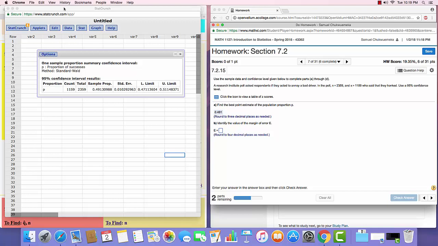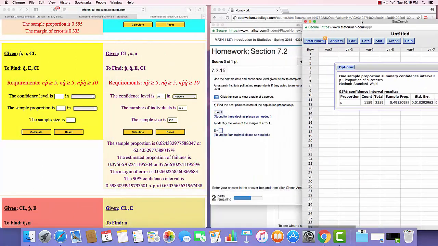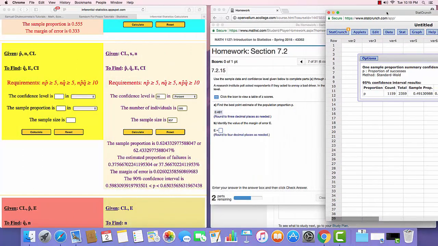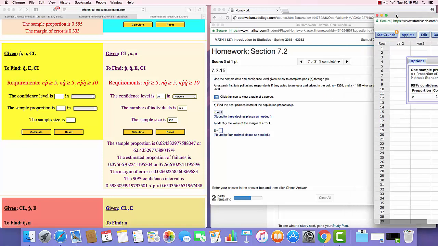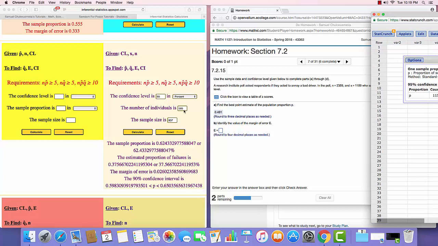So I'm just going to do this same question here. X is 1159, and sample size is 2359, and the confidence level is 95%. Calculate.